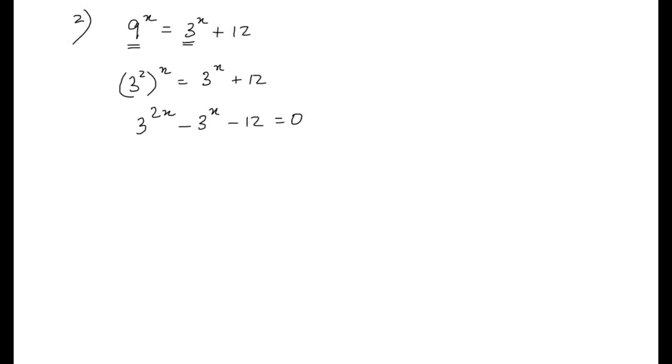You'll notice that 3 to the power of x, if it is squared, becomes 3 to the power of 2x. So let's just say let y equal 3 to the power of x, in which case the first term becomes y squared. The second term is y minus 12 is equal to 0. And then we can just solve for y.